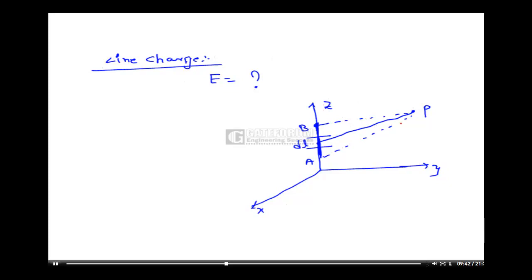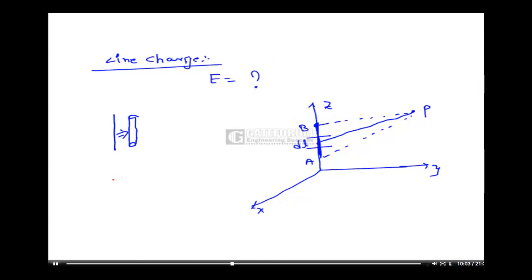So we have to derive electric field intensity. So here I am assuming a cylindrical distribution because a line is in the form of a cylinder like this, but the radius is very low. So I am assuming here cylindrical distribution.